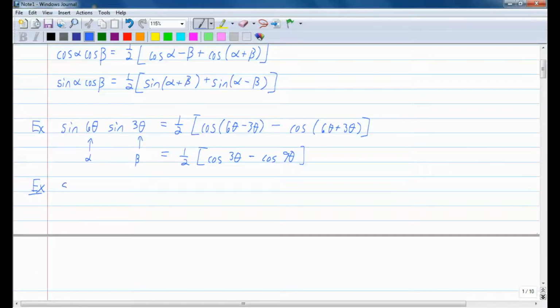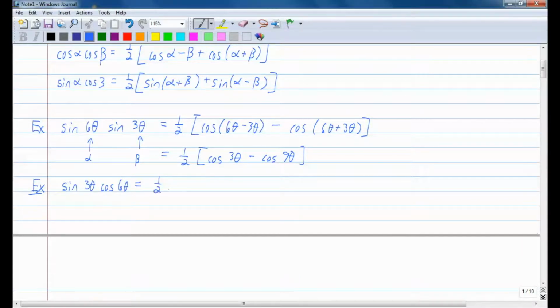Let's say that I had the sine of 3 theta times the cosine of 6 theta. Alright, so sine, cosine, so I need to use this third formula here, and let's see what that would give me.